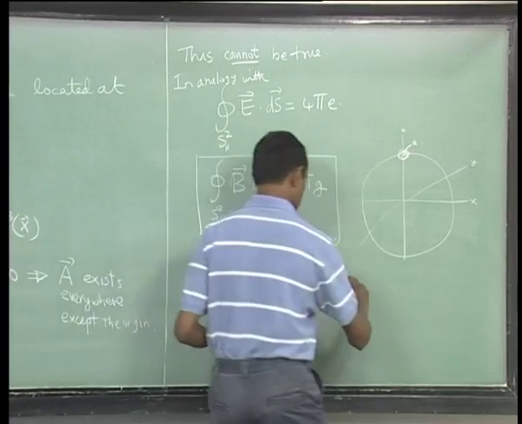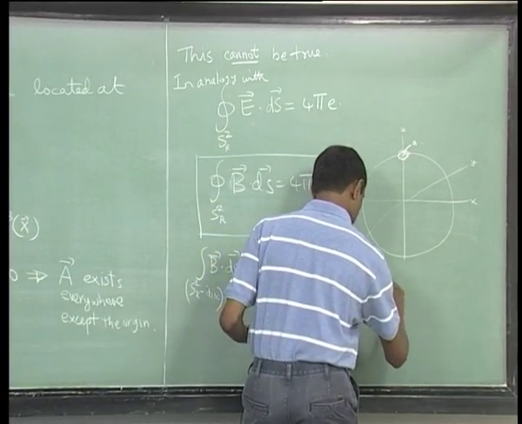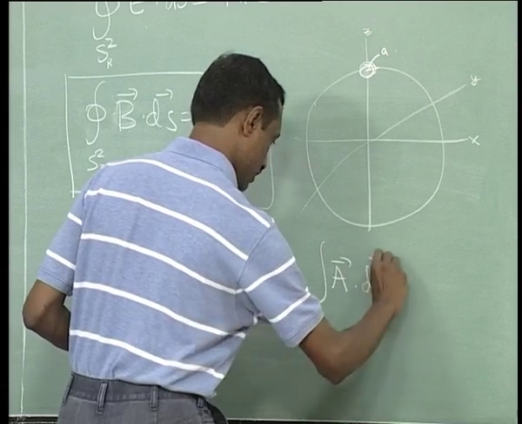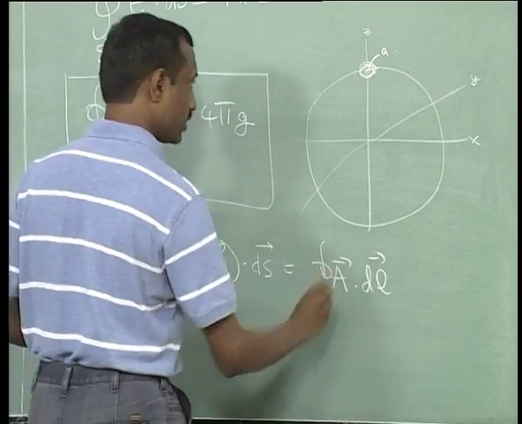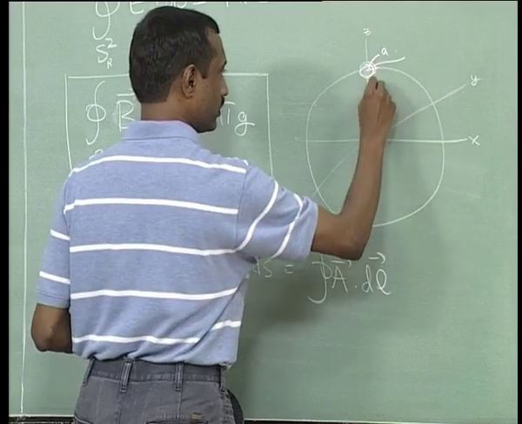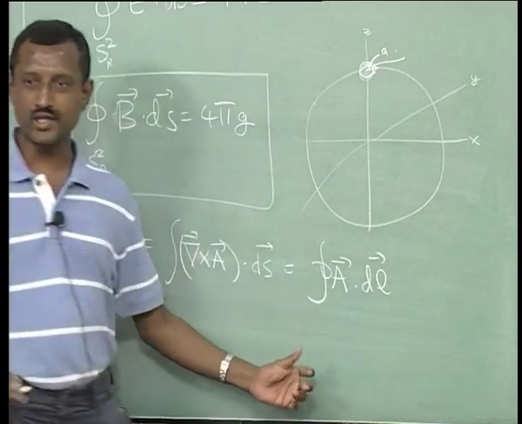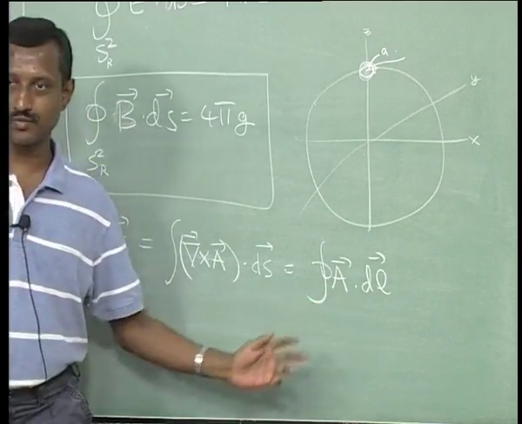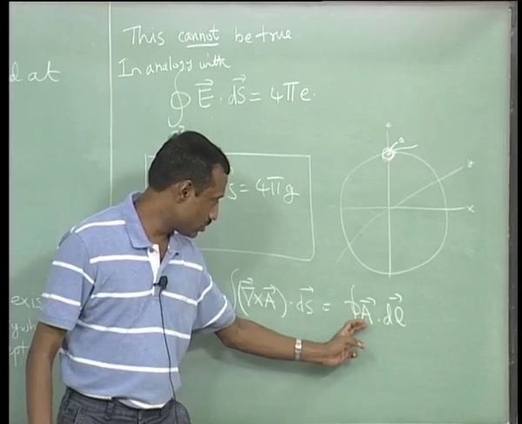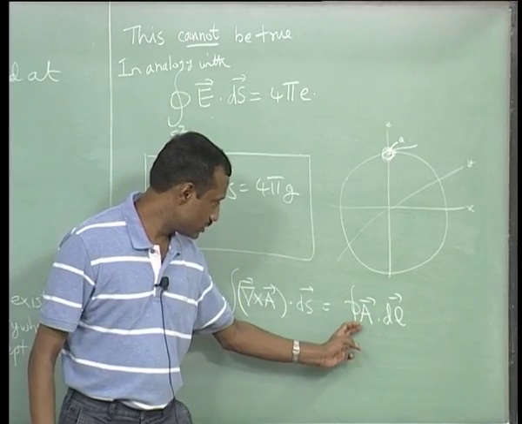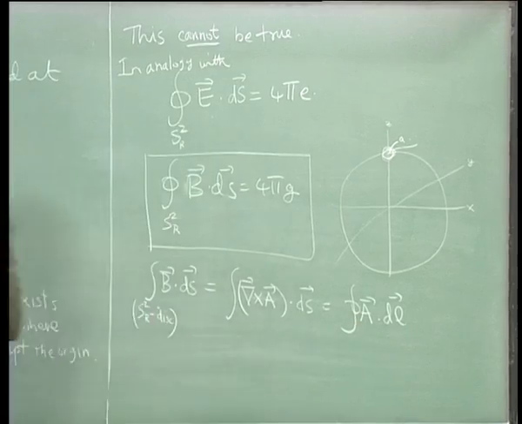So, this is equal to the closed integral of A dot dl over this boundary. Some orientation will be there, but I am not worrying about that, you can take care of that.